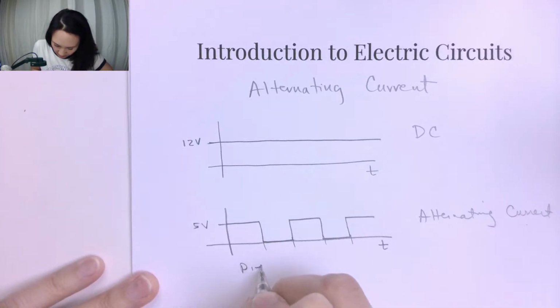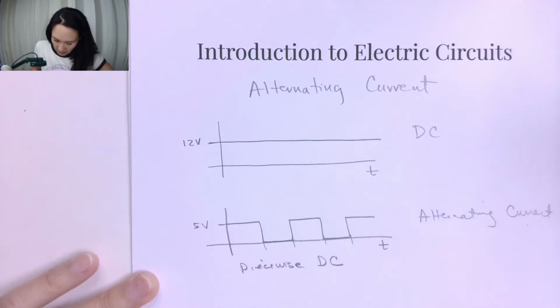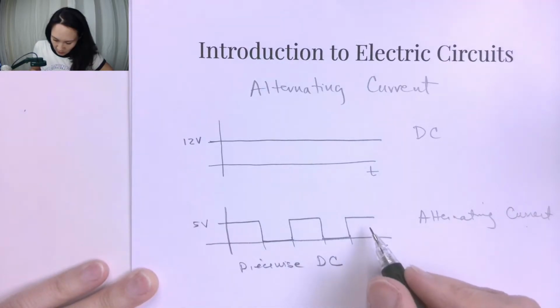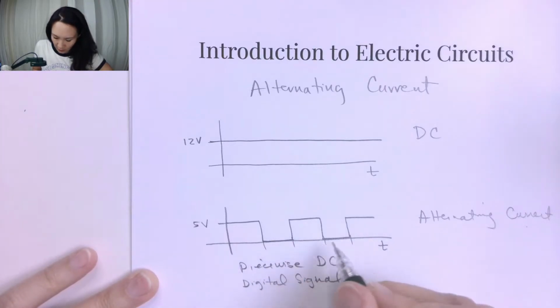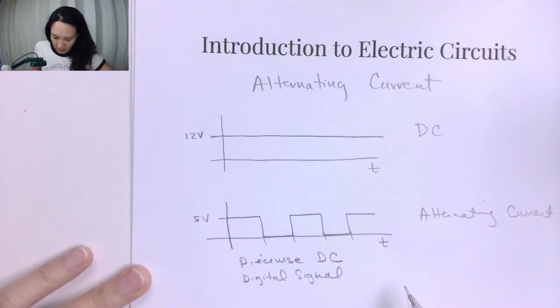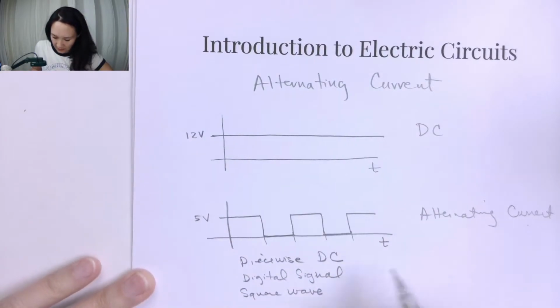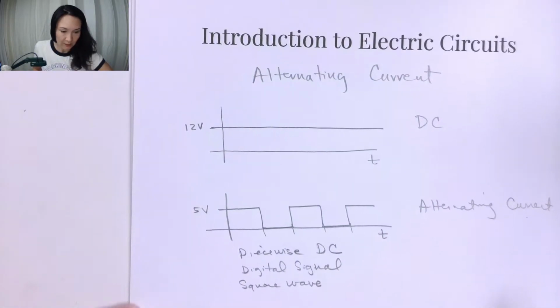So this is like piecewise DC. We can also call this a digital signal because it's either on or it's off and it alternates at a constant period. We might also call this a square wave. So this is a square wave AC signal, looks like this.